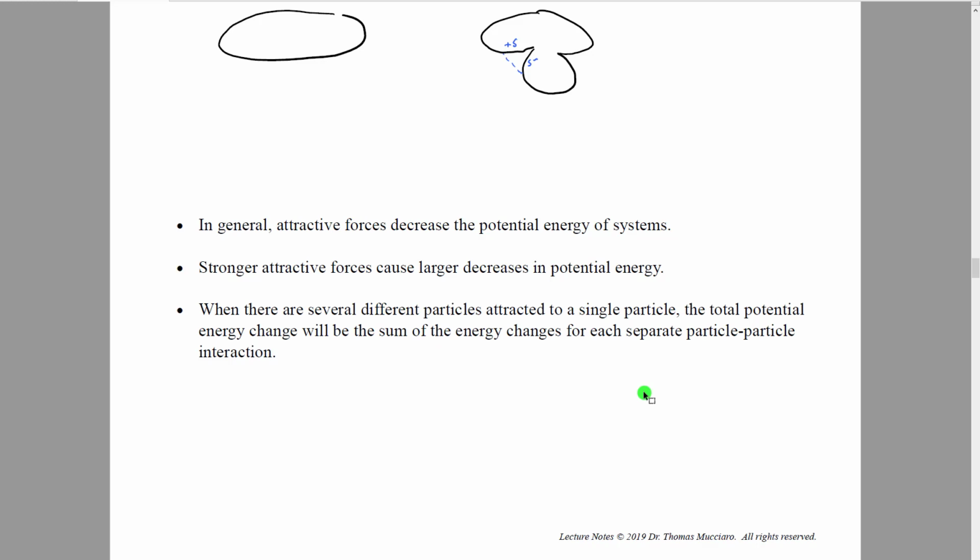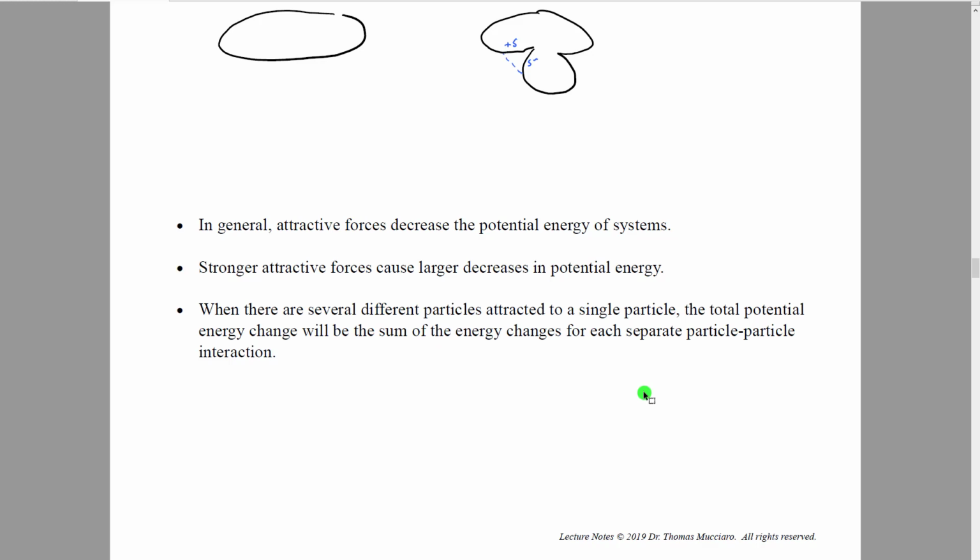When we have several different particles attracted to a single particle in the middle, for example, I used the idea of a sodium positive ion with a bunch of waters being attracted to that individual sodium ion, the total potential energy change is the sum of each separate water-to-sodium interaction.